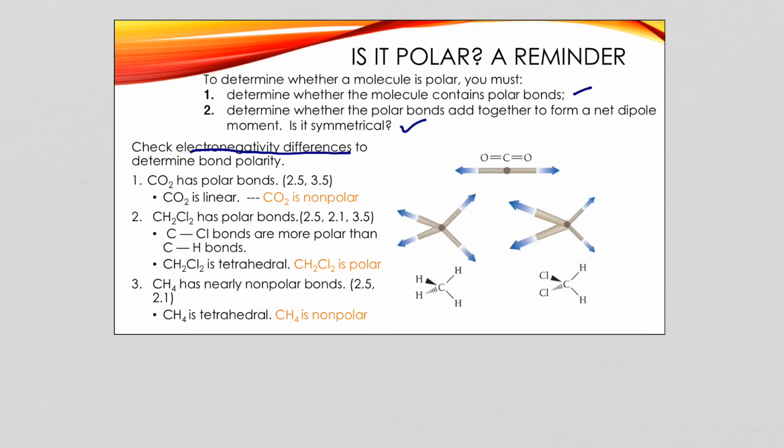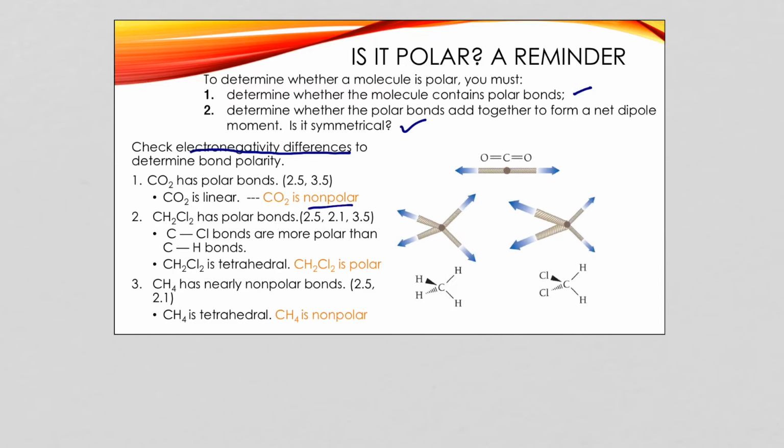So we have to have both factors: polar bonds and a non-symmetric geometry. If we look at CO2, for example, it has a difference in electronegativity of 1, so it has polar bonds, but it has a linear or symmetric geometry. So the molecule is overall nonpolar.